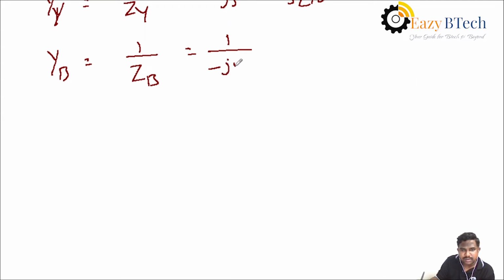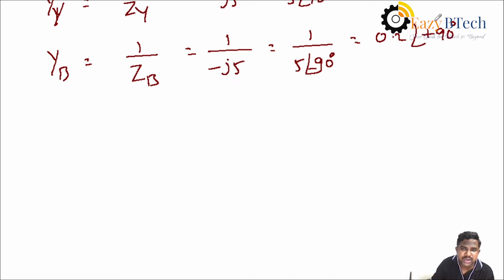ZB is given as minus j5, so YB equals 1 by minus j5. In polar form it is 1 by 5 at an angle minus 90, that is 0.2 at an angle minus 90, which goes to the numerator, so the minus angle changes to a plus angle. That's why it is 0.2 at an angle plus 90 degrees. These are the corresponding admittance values, and we can also find the corresponding phase voltages.